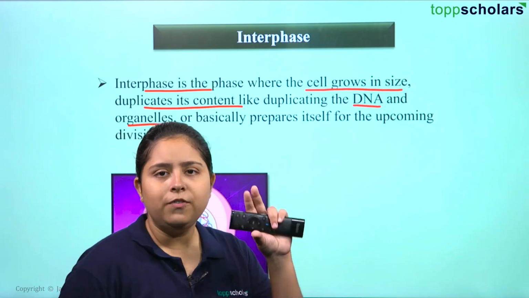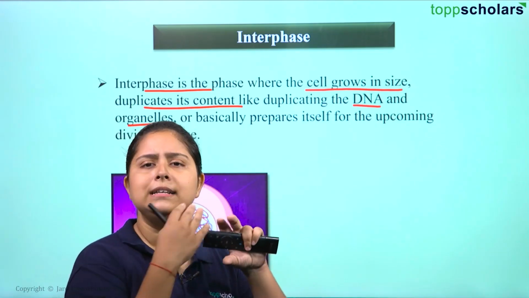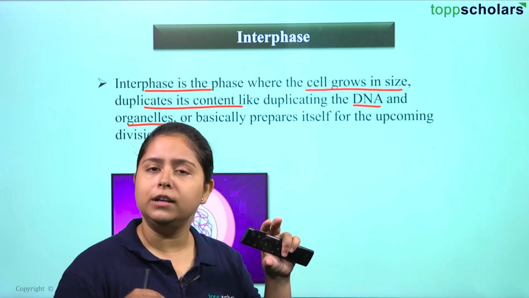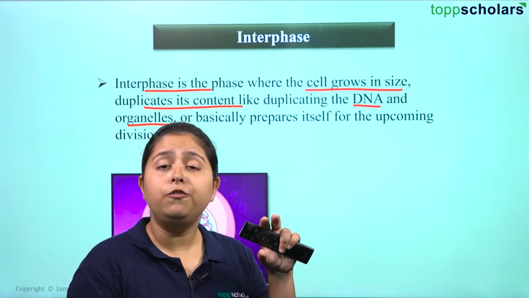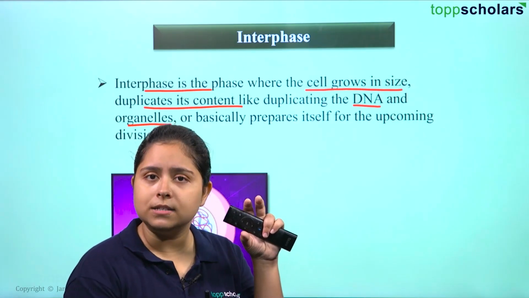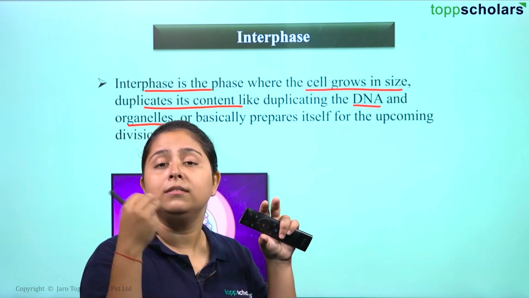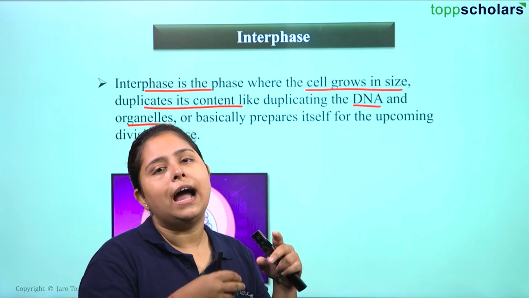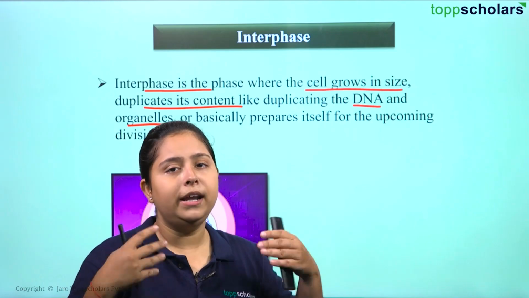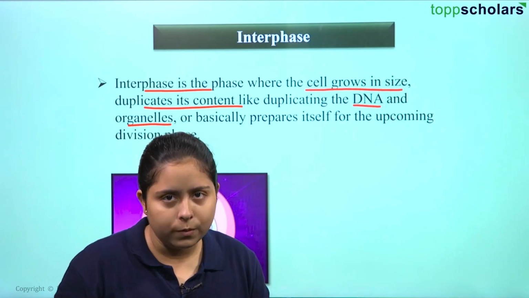Now just imagine I have one cell, and it has the required number of organelles for one cell only. But following division, there will be two cells, right? And the organelles must be duplicated, they must be doubled so that they will be evenly distributed in the two daughter cells, right?